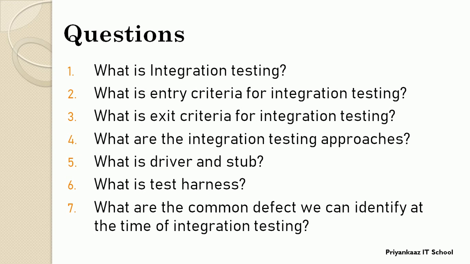Typical defects for component integration testing are, let's say, incorrect data, missing function, interface mismatch, incorrect sequencing, and improper communication between modules. All module related defects we can identify at the time of component integration testing. Second, we have system integration testing.